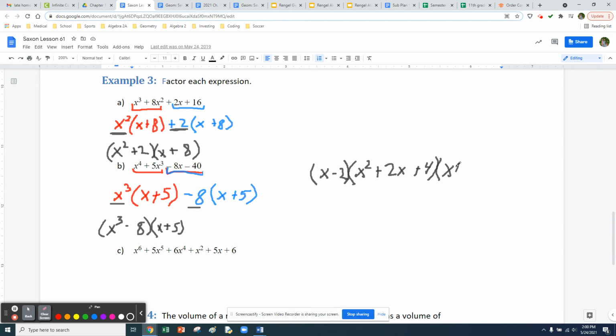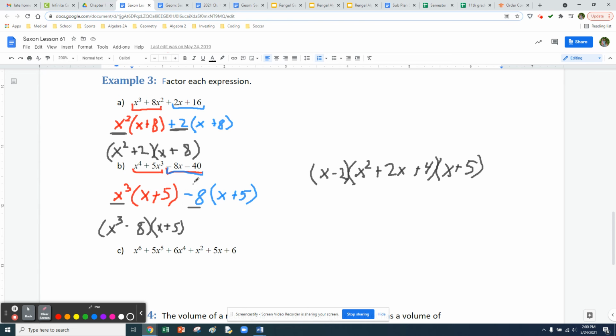Delta Math will just be factoring into two binomials only, but if we did have a difference of cubes, we would expand that out: x minus 2 times x squared plus 2x plus 4 times x plus 5.